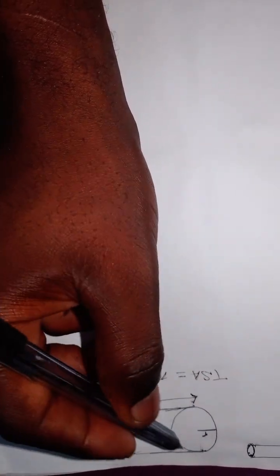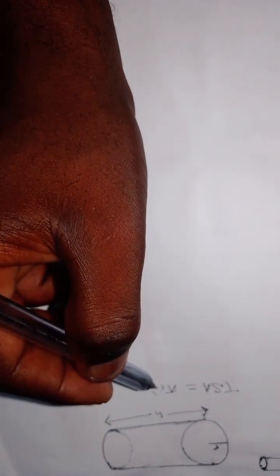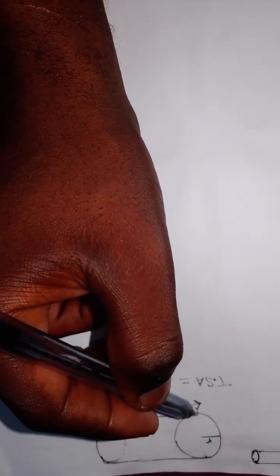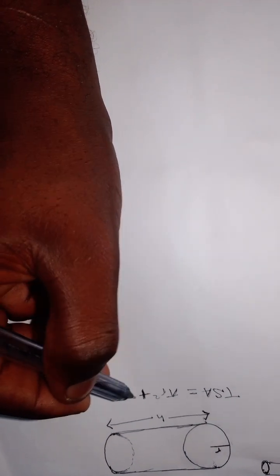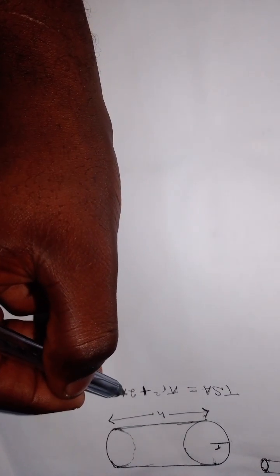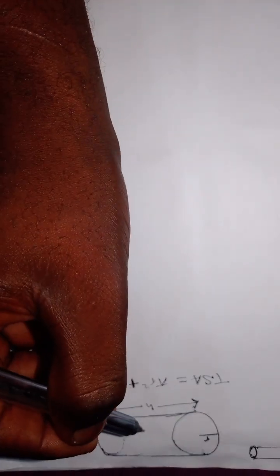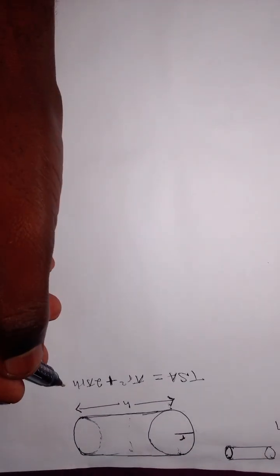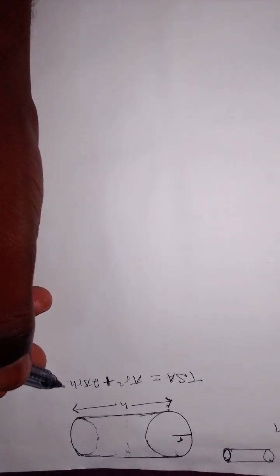It doesn't have a lid, so it is just going to be pi r squared, the circular base. Plus 2 pi r h, the curved surface, the curved lateral surface.